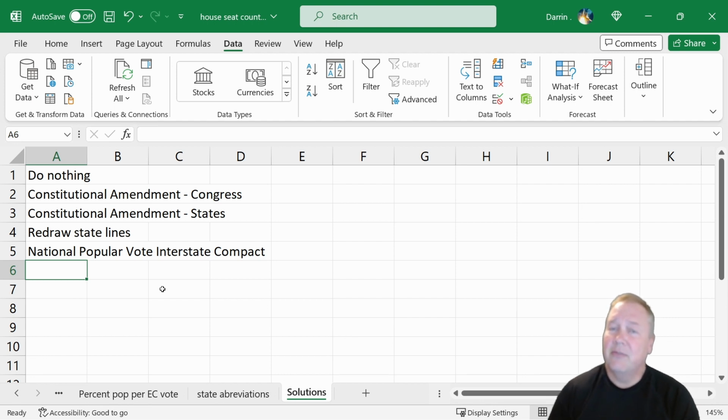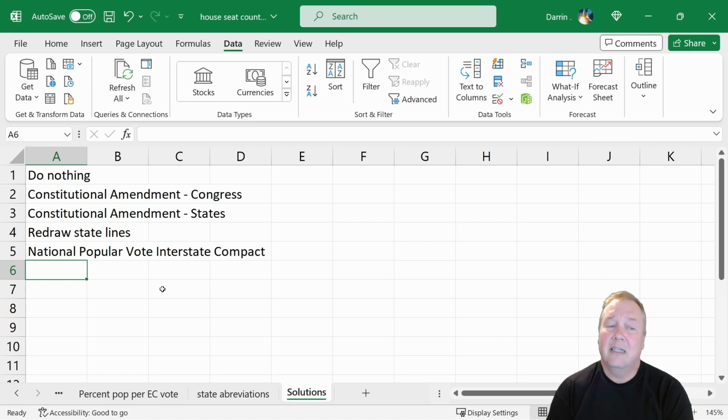However, you have to have a vote for the same topic in two-thirds of the states for it to happen, and that is what has not yet happened. A third option is to redraw the state lines, and that would give you the ability to shuffle population a little bit better, so that your states are a little bit closer in population or in demographics or in something, as opposed to the way they're drawn today.